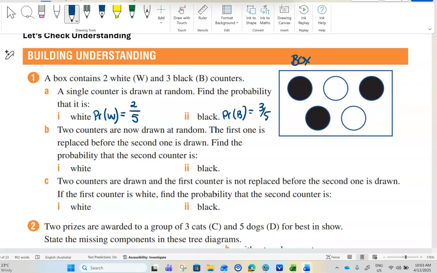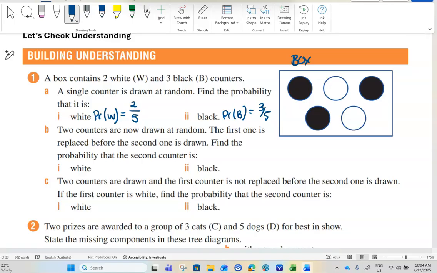Okay. 2 counters are drawn at random. The first one is replaced before the second one is drawn. So that's like before. You've got the same amount of options. Find the probability that the second counter is white.